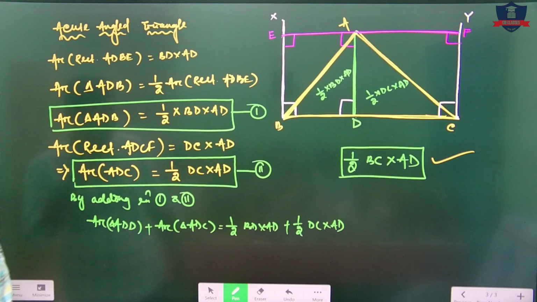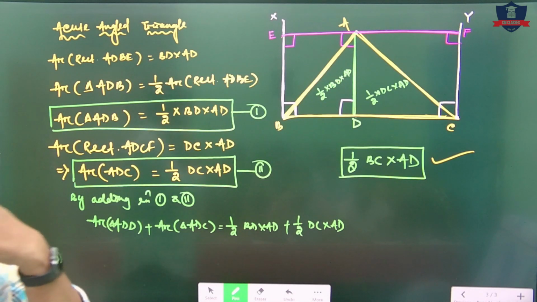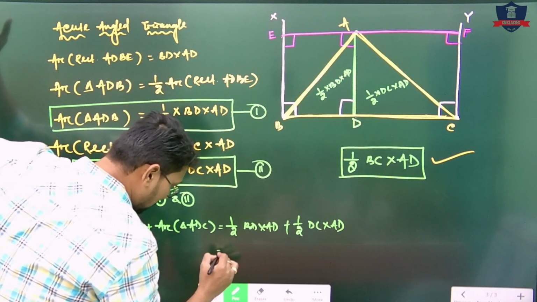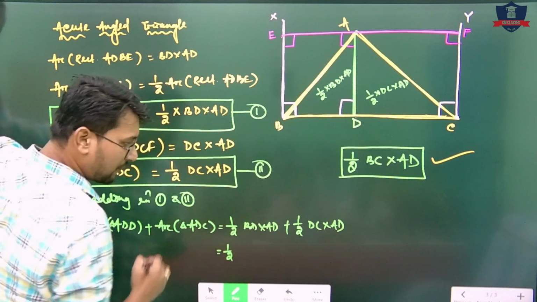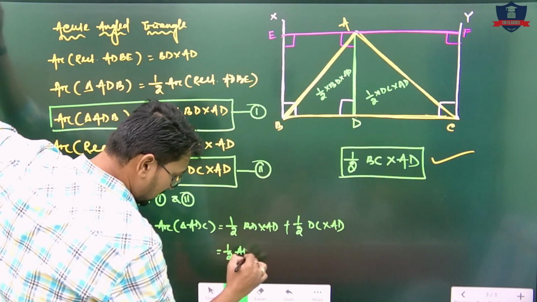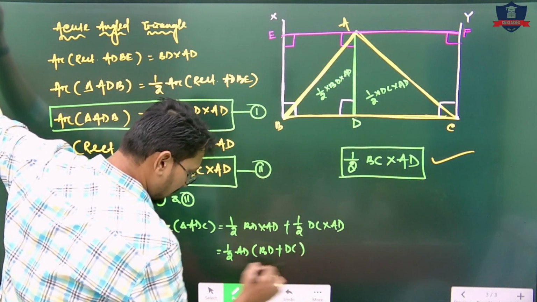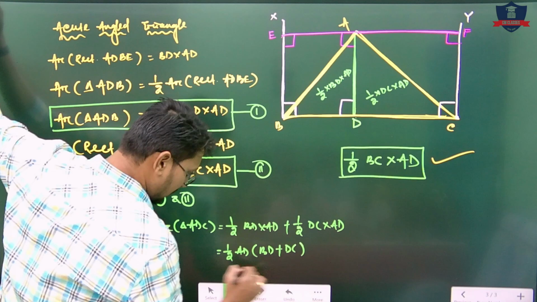Is that clear, everyone? So now, children, what is common here? Half into AD is common. What is left? BD plus DC. So half into AD into BD plus DC. BD plus DC is how much?